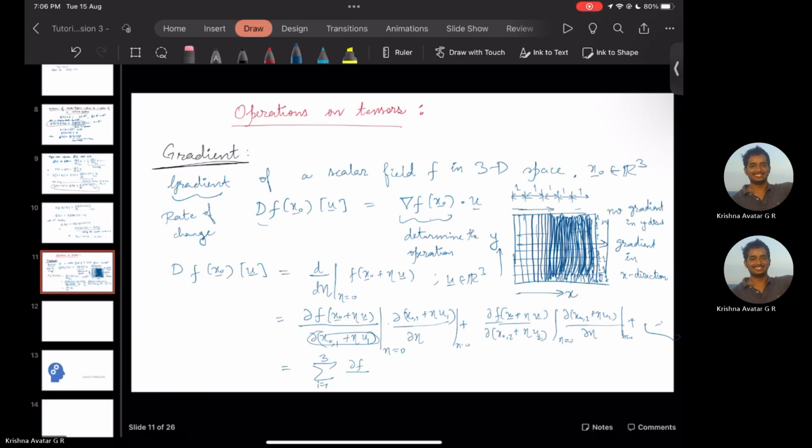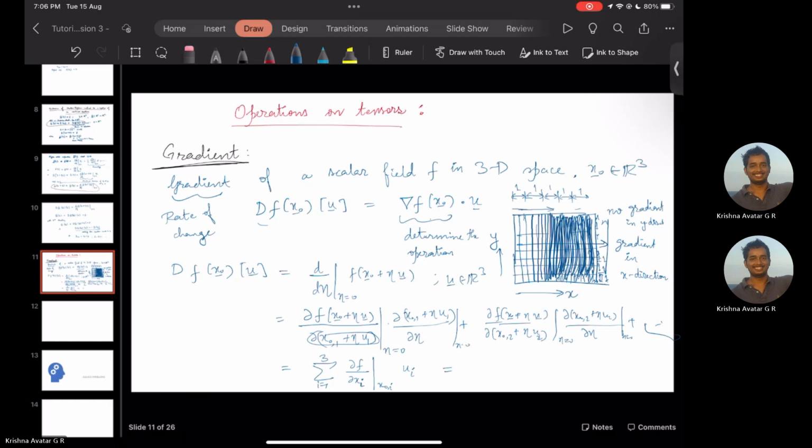When we put eta equal to 0, this simply implies that we have x i, and eta equal to 0 simplifies so that we just have x naught comma i. And likewise here, taking the derivative with respect to eta gives us nothing but u i.